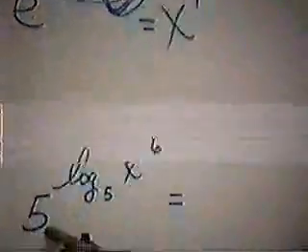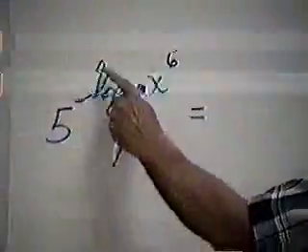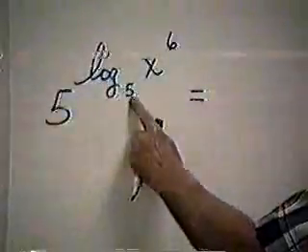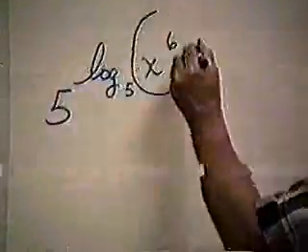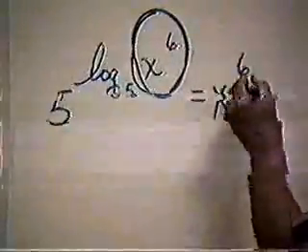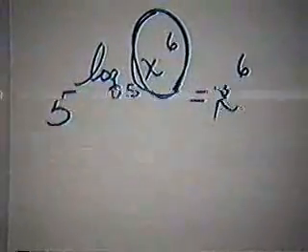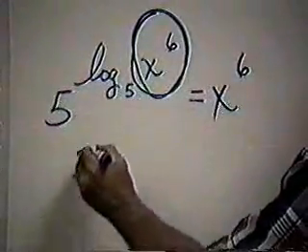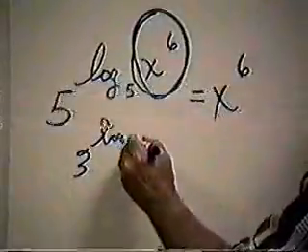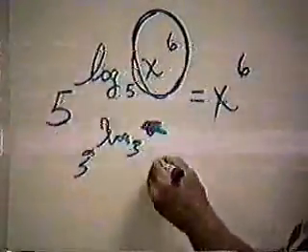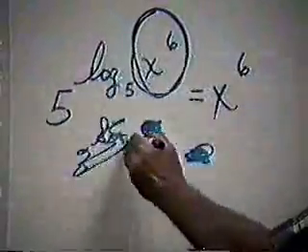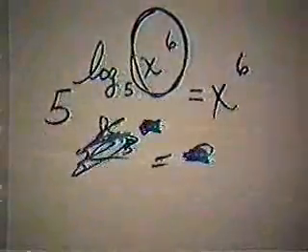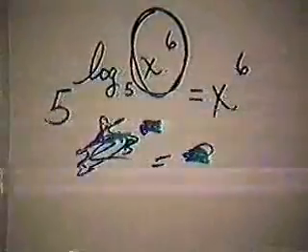Says that if I have this number raised to a power of the log of the same base, then the answer is just x to the 6. You just get to replace it. See? So 3 to the log base 3 of is whatever this is right here. Okay? You just get to throw that away and say that's the answer to it. Just memorize that.